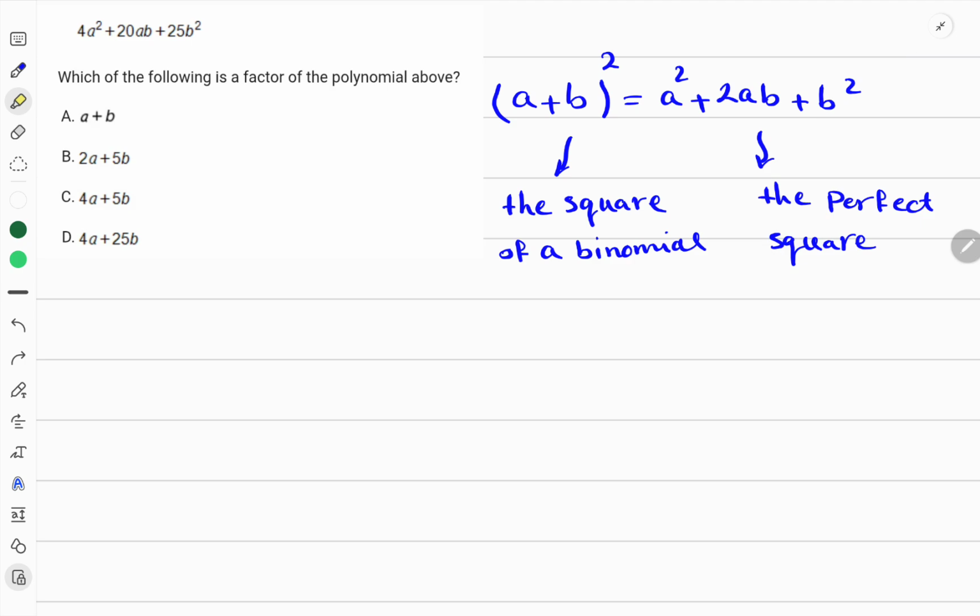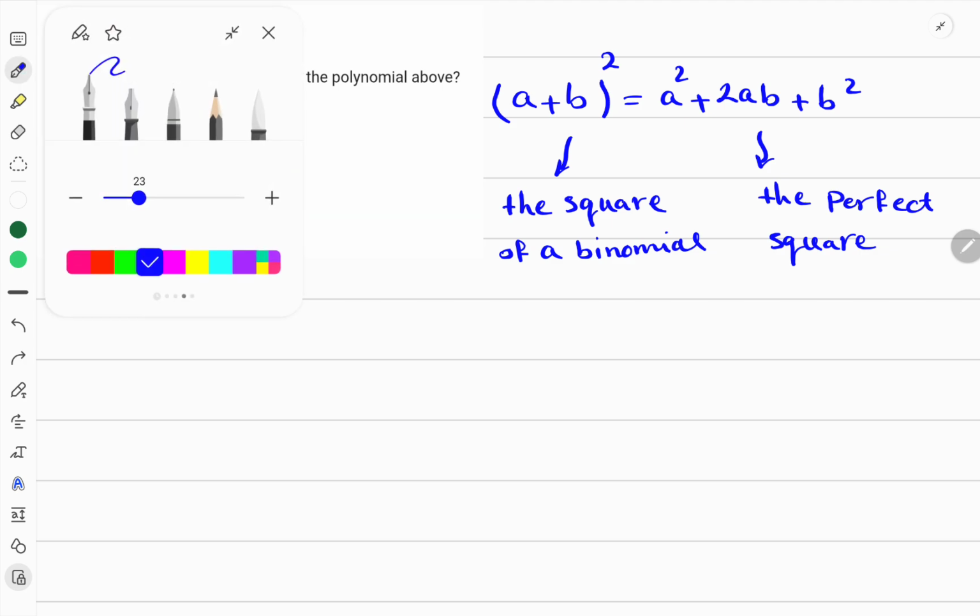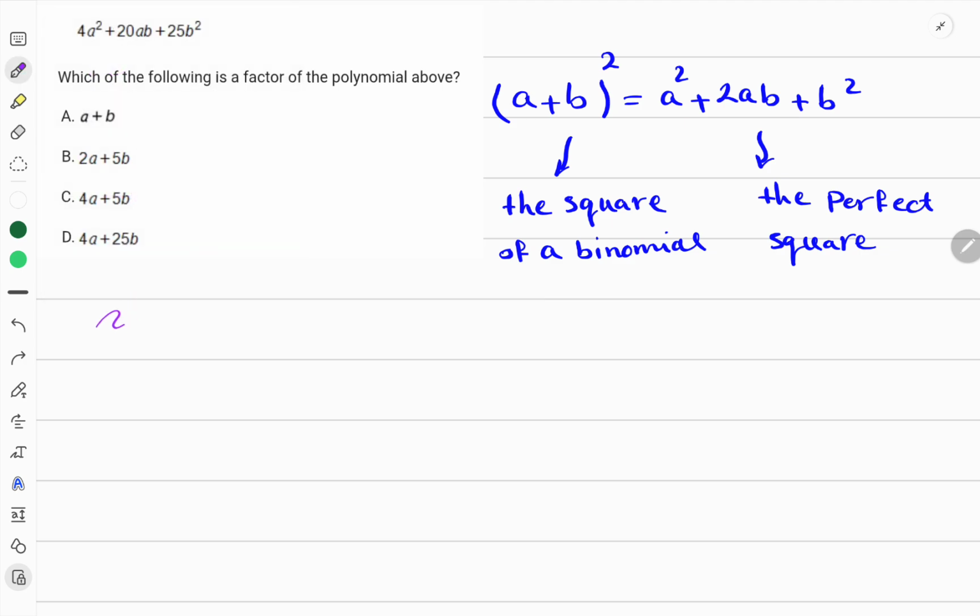Okay, by knowing this information, we are going to solve this question. 4a squared plus 20ab plus 25b squared. As you can see, the first term is a perfect square.